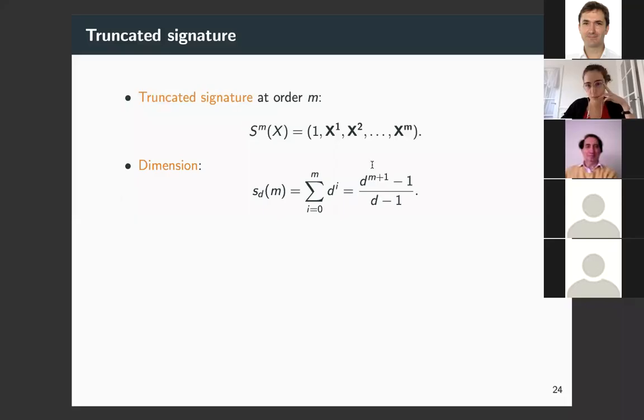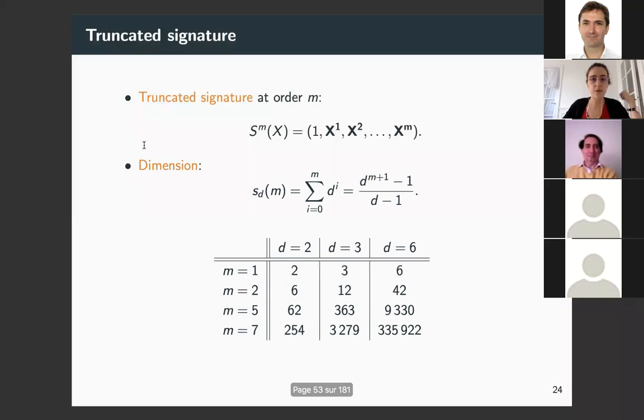This is really important because it means that the number of signature coefficients is exponential in m, the truncation order. To give you an idea of typical values, if I am in 6 dimensions, like in the medical example, and m is only equal to 7, I already get hundreds of thousands of coefficients. So in practice, this size is a huge limitation.